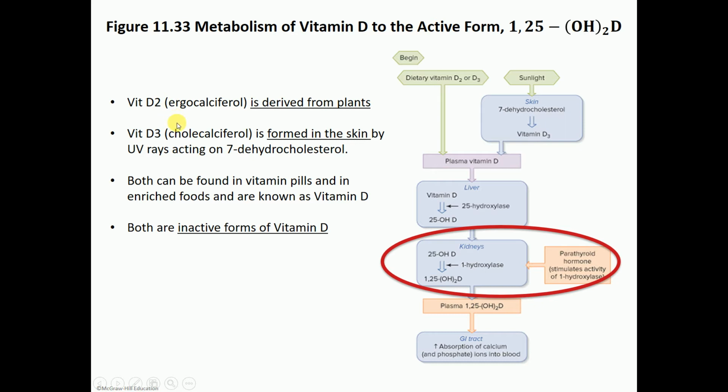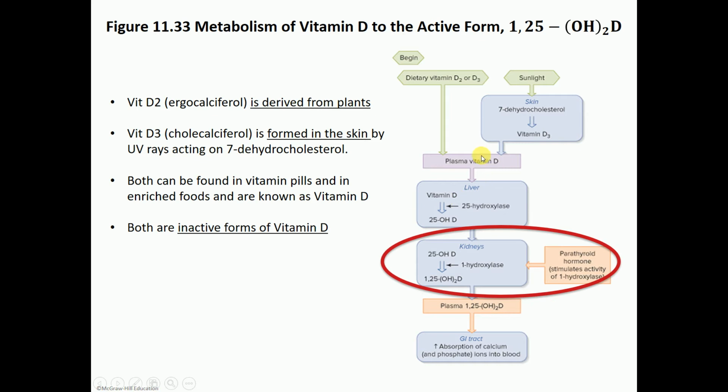So both of these are inactive forms of vitamin D. You can find either kind of these vitamins in vitamin pills or in enriched foods, but again, they are inactive and pretty much useless unless they are activated.